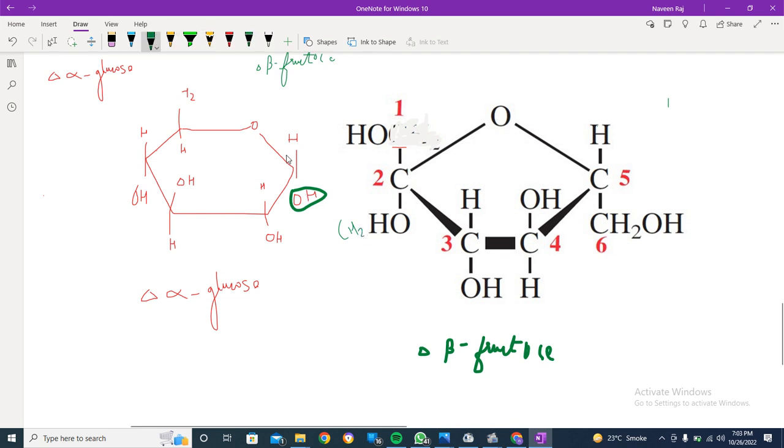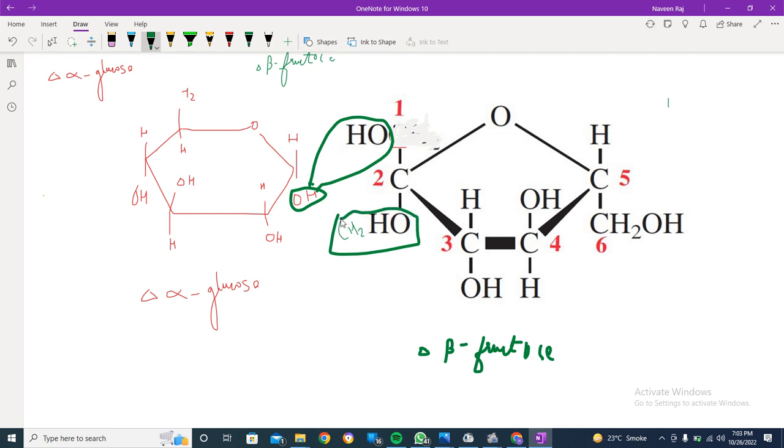Now for the OH and H, we have found a cross section for both. H from the first will go for this. I'm waiting a while so you understand what happened. This is beta fructose, so OH would be up and CH2OH would be down.